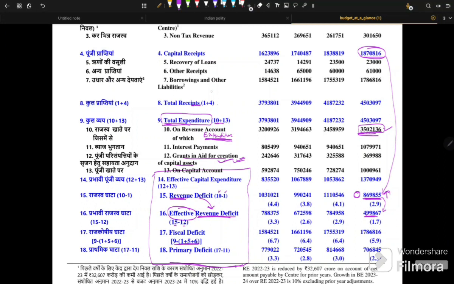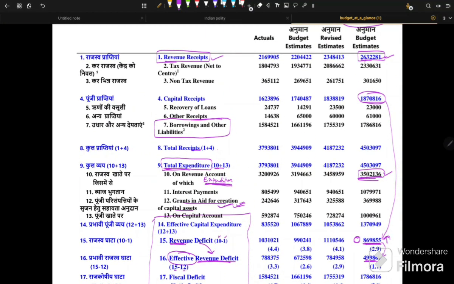But except borrowing, this is the part they are not taking. This capital receipt combines into the total receipt. Yes or no? But while combining this to get the total receipt, we are not taking this part. Why? You will understand later.